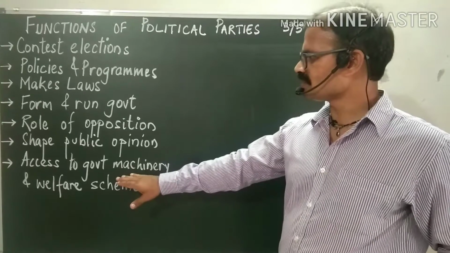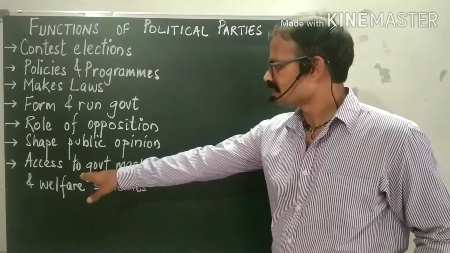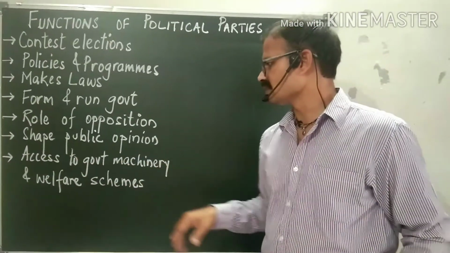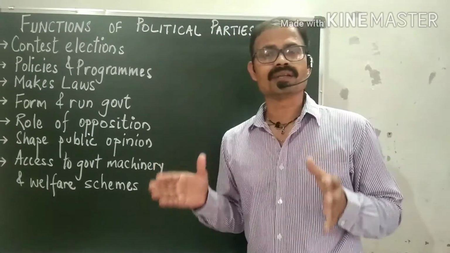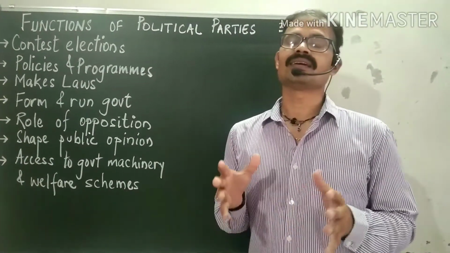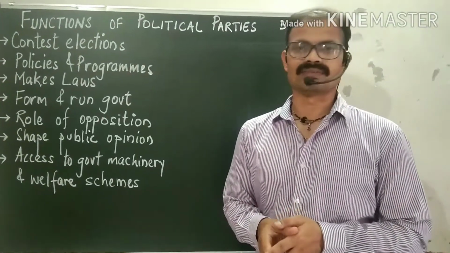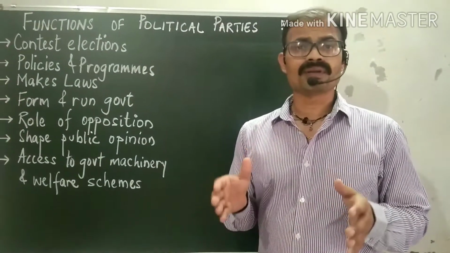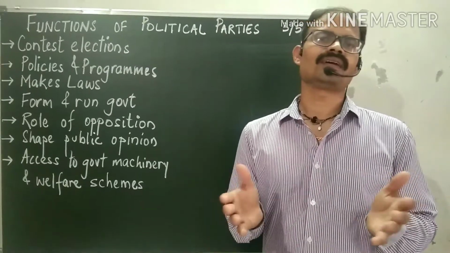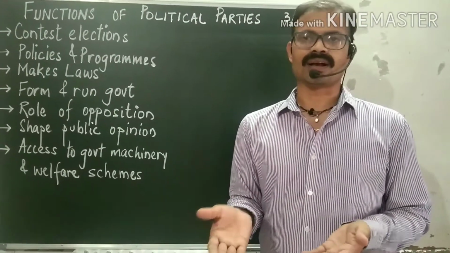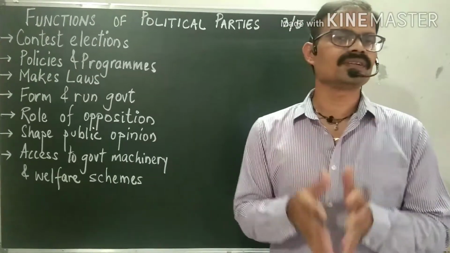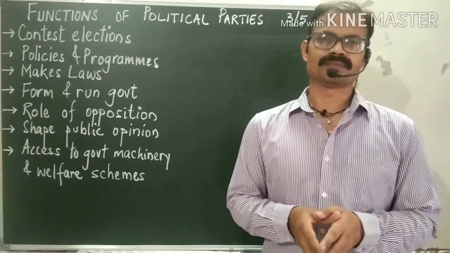Finally, we come to the last one, access to government machinery and welfare schemes. There are many policies that are introduced by the government. But the problem arises, people are not aware, or they do not know how to get the benefit of those schemes.